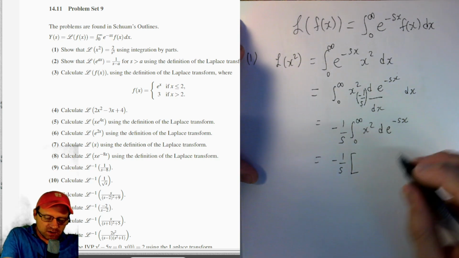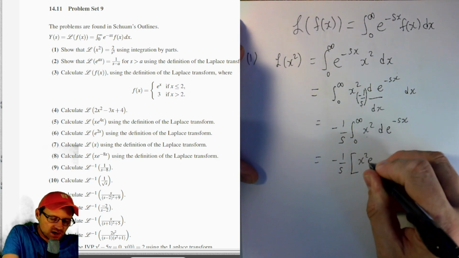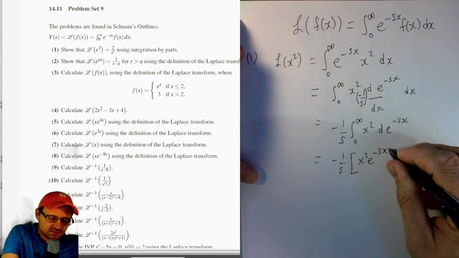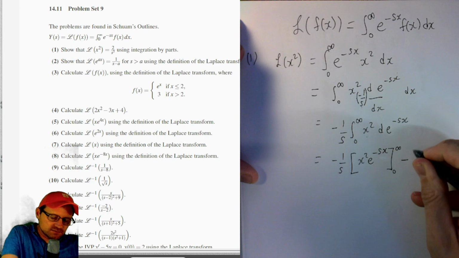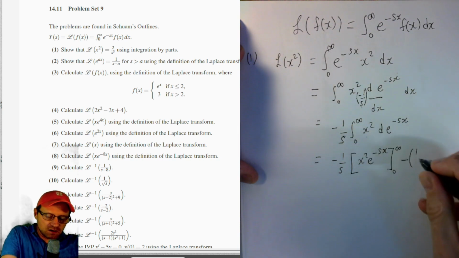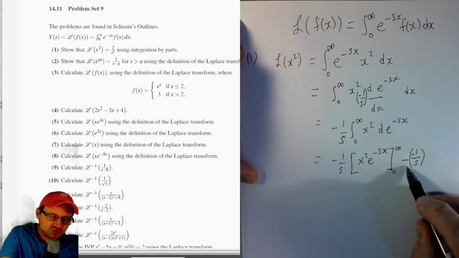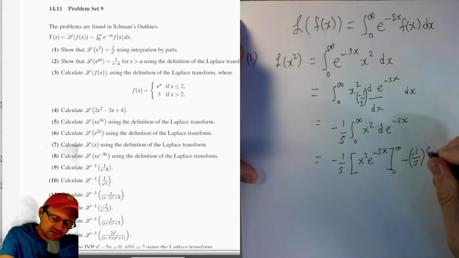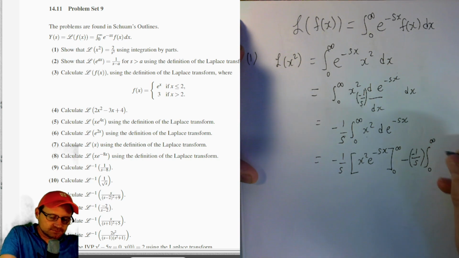So here then we have the product of these two: x squared e to the minus sx, from 0 to infinity, and then we subtract. This comes along, but I'm subtracting. Okay, and then we swap these, put them the other way around.